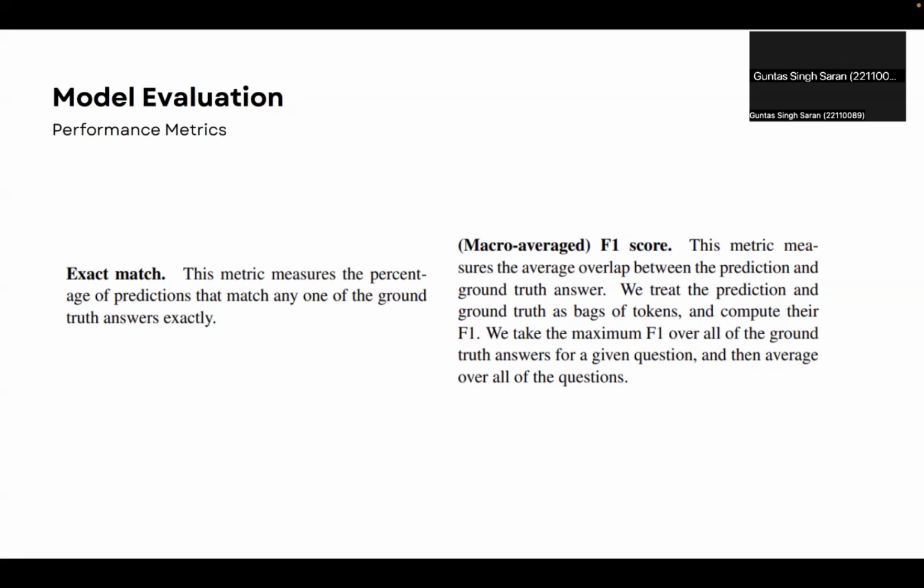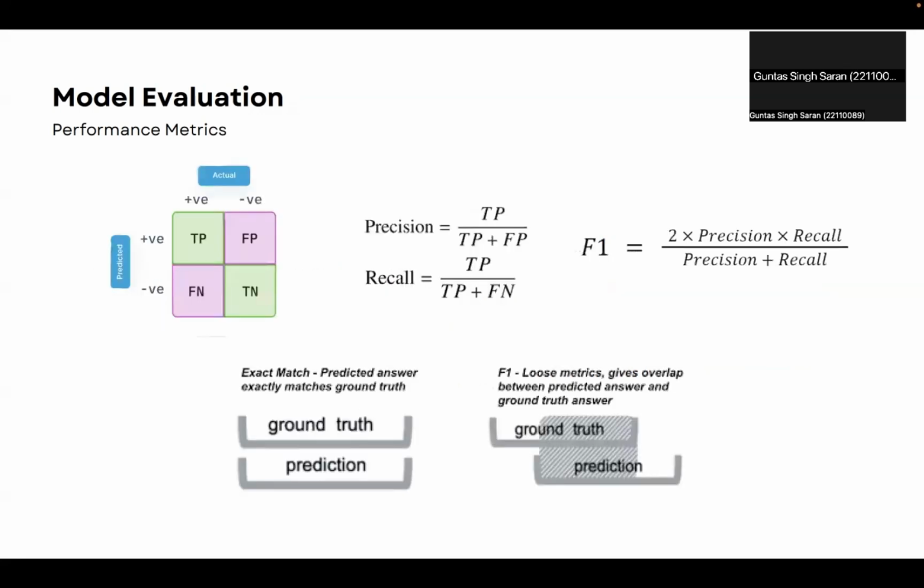The way in which they evaluated how their logistic regression model is predicting the right answer is by using these two metrics. The first is exact match: if the model predicted a span which actually exists in the dataset, that would be an exact match. Else, if there is not a perfect match, but some of the words in that span match the model's prediction, then they calculate the F1 score for that.